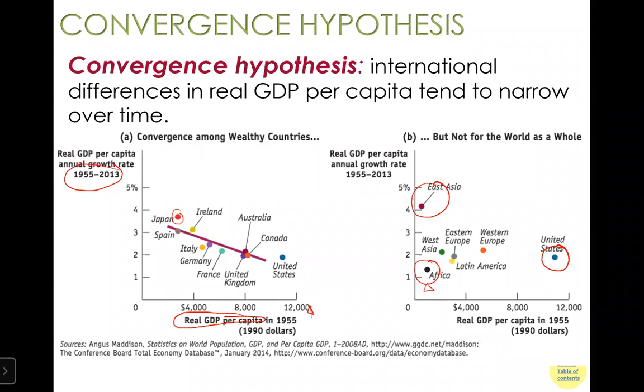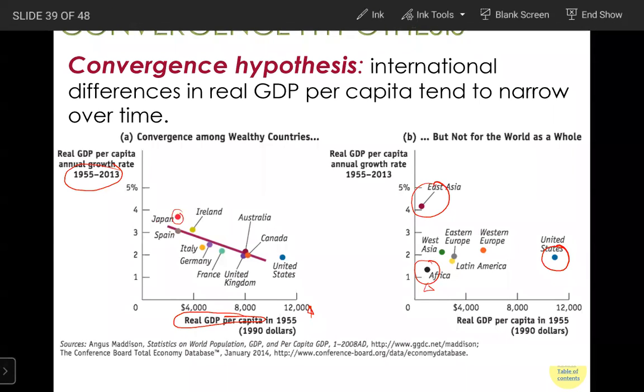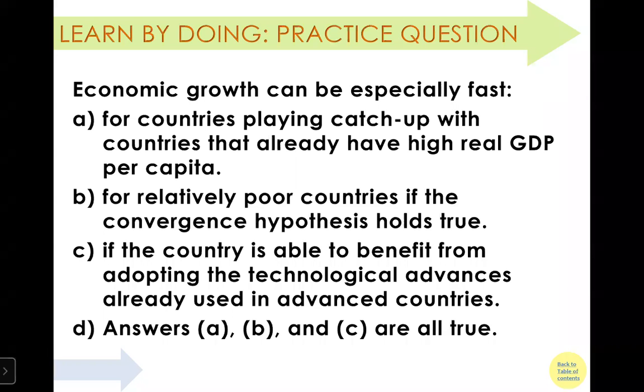To summarize, there is convergence, but it happens among countries that have similar institutions, similar governance, and similar technology stage. If we broaden our study, you won't see this convergence. So in some sense, this convergence is conditional: we look at countries that are similar in terms of political system and original technology level. So this is convergence. Now we have a practical question.